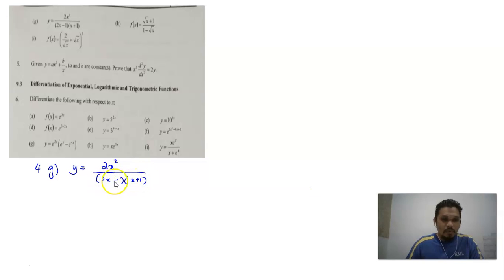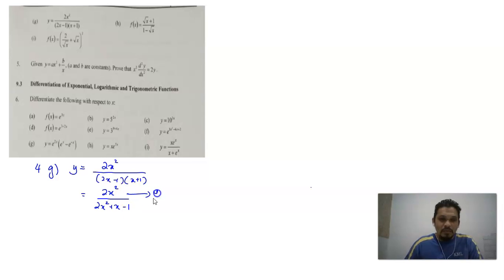Since between these two factors, 2x minus 1 and x plus 1, there is no power here, let's simplify this: 2x squared, then 2x squared minus x, plus 2x, negative 1, plus 1, minus 1.